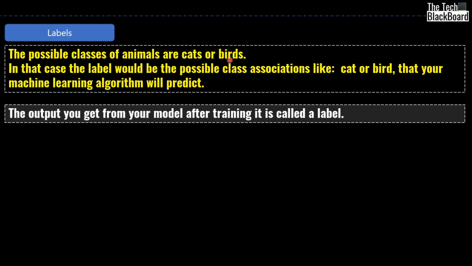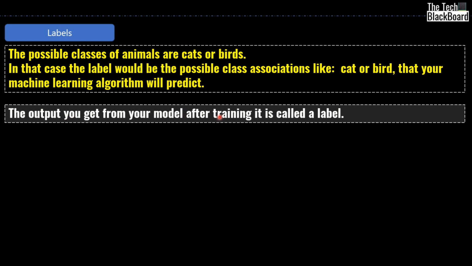For example, they can be carnivorous, herbivorous, or omnivorous, or there can be many other classes for animals. However, for this example, I have taken cats or birds. Now, in this case, the label would be the possible class association like cats or bird that your machine learning algorithm will predict. So essentially labels are just the output or the actual prediction that your model will do.